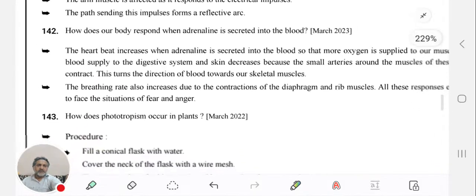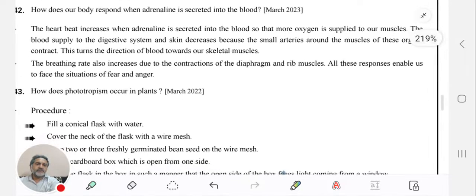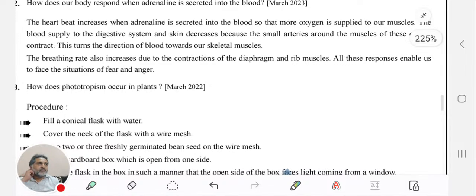Number 142. How does our body respond when adrenaline is secreted into the blood? Answer: the heartbeat increases when adrenaline is secreted into the blood so that more oxygen is supplied to our muscles.